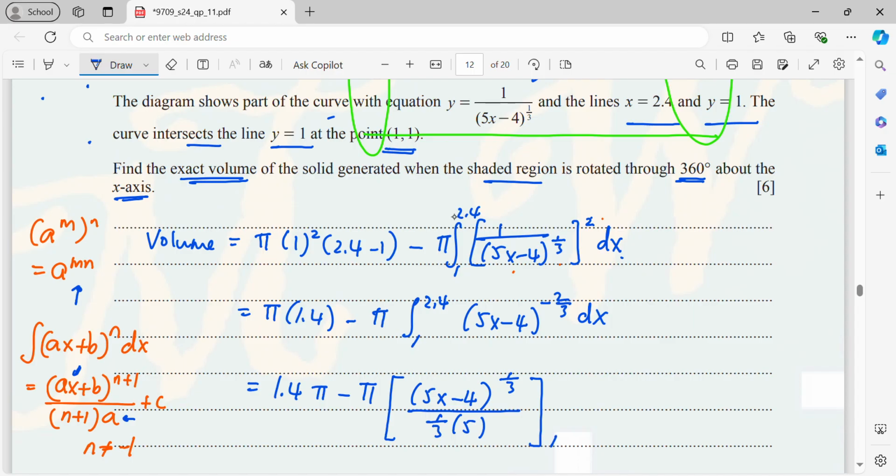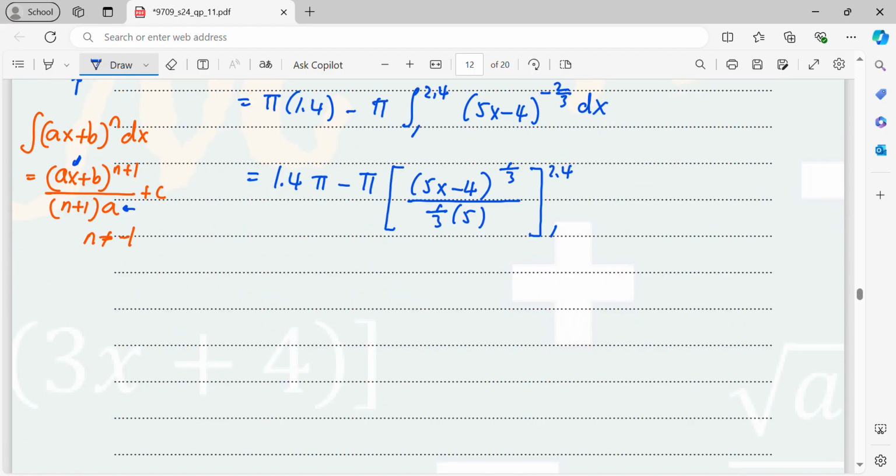And then don't forget the limits. Then now, here, simplify. 1.4 pi, now the denominator, it becomes 5 over 3. So when I move up, it becomes 3 over 5.